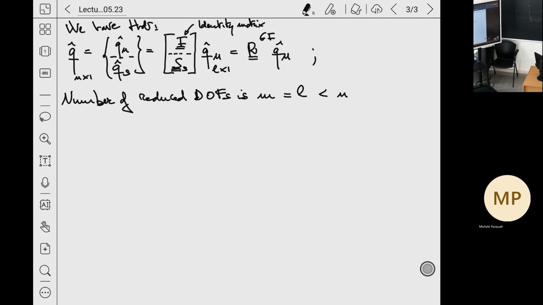This is not always the case, so M does not always have to be equal to L, okay? We will see it now with the new method, the Craig-Bampton method, okay?